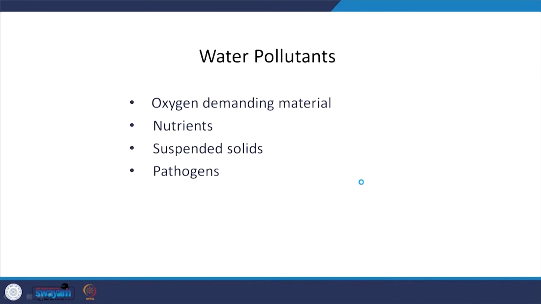Let me move on. In nitrogen, as I mentioned, organic nitrogen is a key component, and microbes are going to break it down and convert it into ammonia before using it for cell synthesis and so on. With respect to the other nutrient, we have phosphorus.